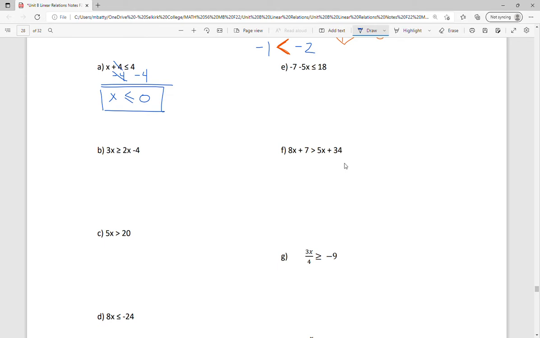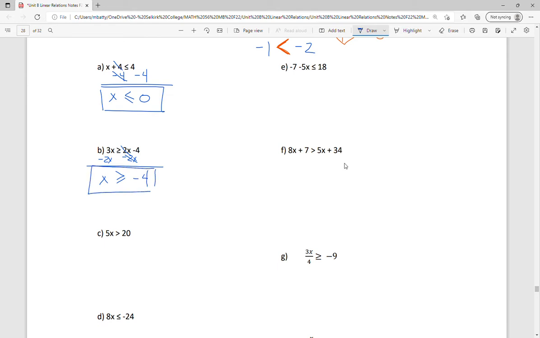The idea is that we want x, we want an inequality, and we want a number here. So I'm going to start by subtracting 2x from both sides. You can subtract things all you want. The exception was multiplying or dividing by a negative number. So 3x minus 2x would give me an x. I'm just copying my inequality sign, and I've got -4.